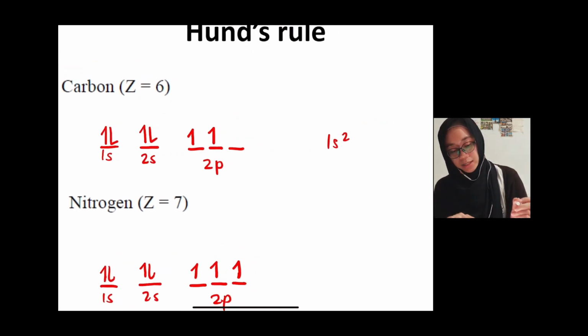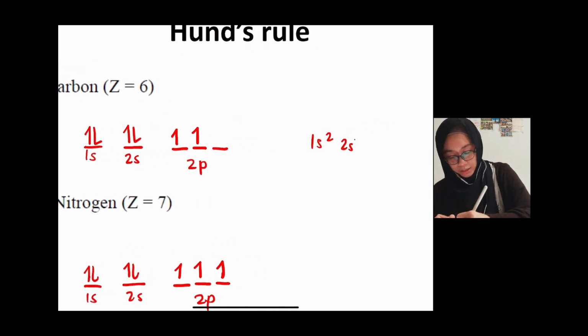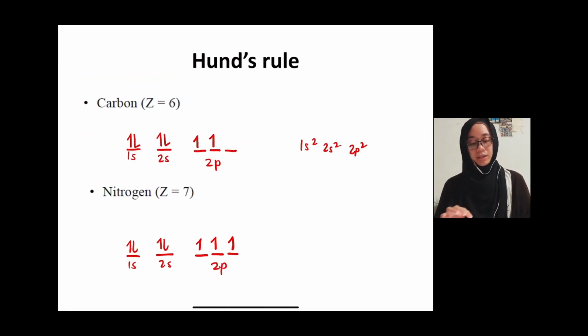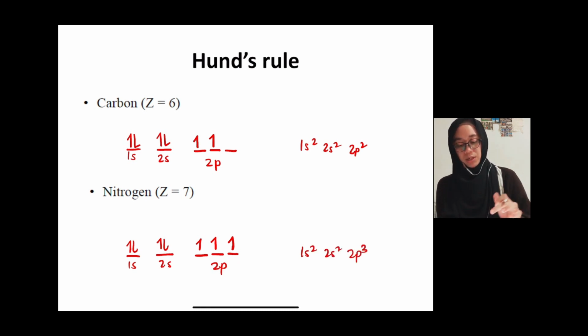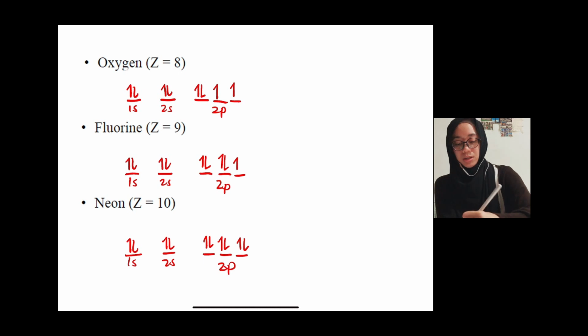So, dia akan jadi 2s2, and then 2p kita pula ada 2 elektron. Okay, and then untuk nitrogen, kita ada 1s2, 2s2, 2p3, and then oxygen 1s2, 2s2, 2p4.